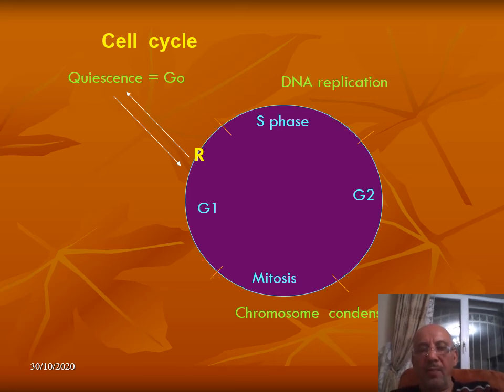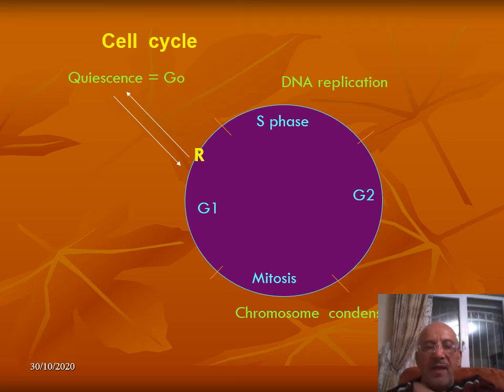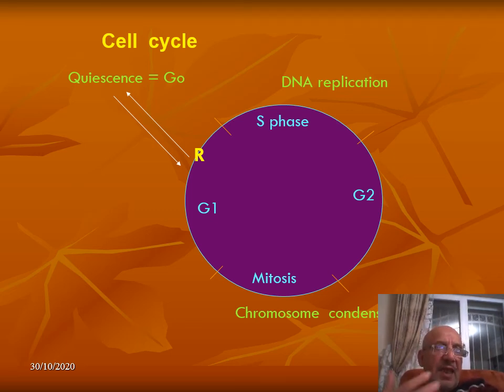Usually we have to talk about the cell cycle. The cell cycle is important because there are what are called checkpoints, and these checkpoints can recently be blocked in order to prevent continuation or progression of the cycle for the sake of division.